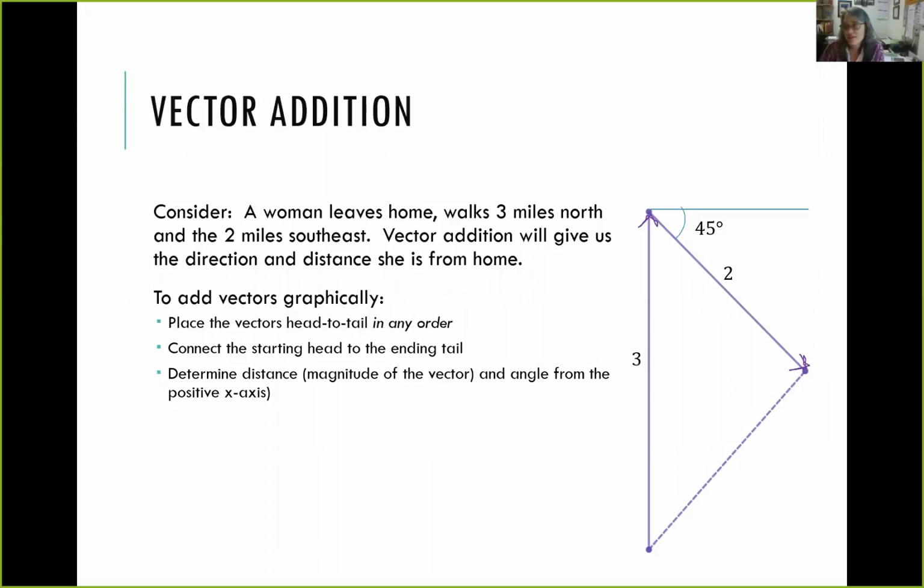Now, we can solve this graphically, right? We can use the law of cosines to find this distance c. We'll call this angle gamma. And let's say this is side a, and this is side b. Nothing new here. The law of cosines tells us that c squared is equal to a squared plus b squared minus 2ab times the cosine of gamma.